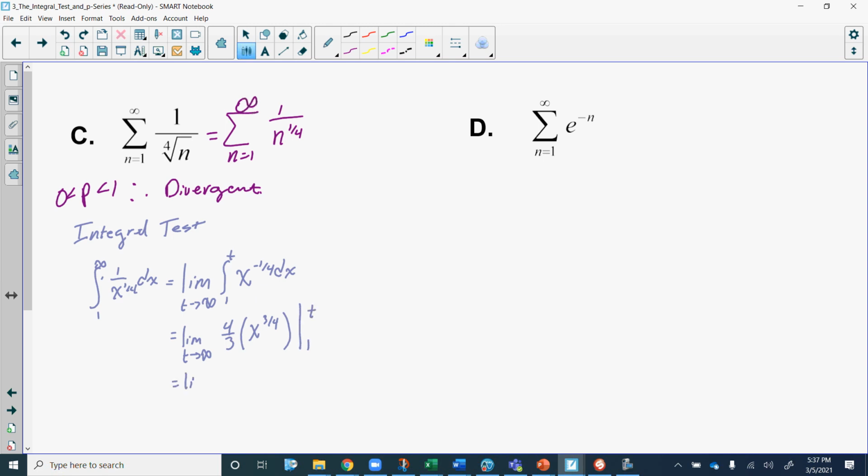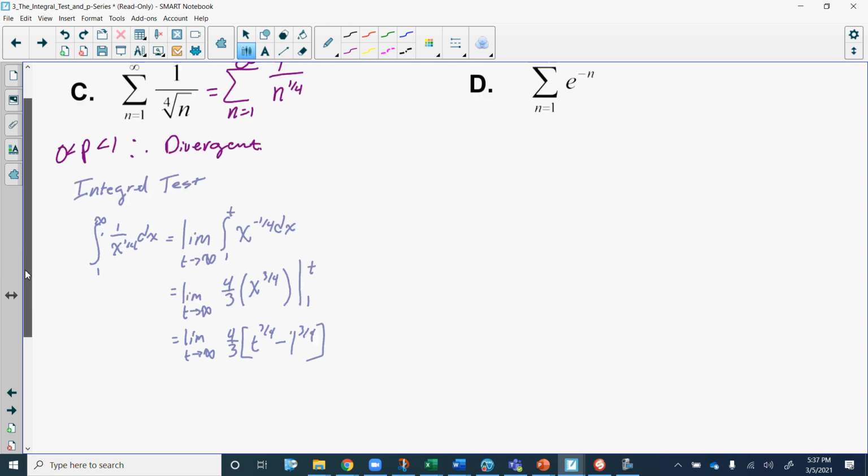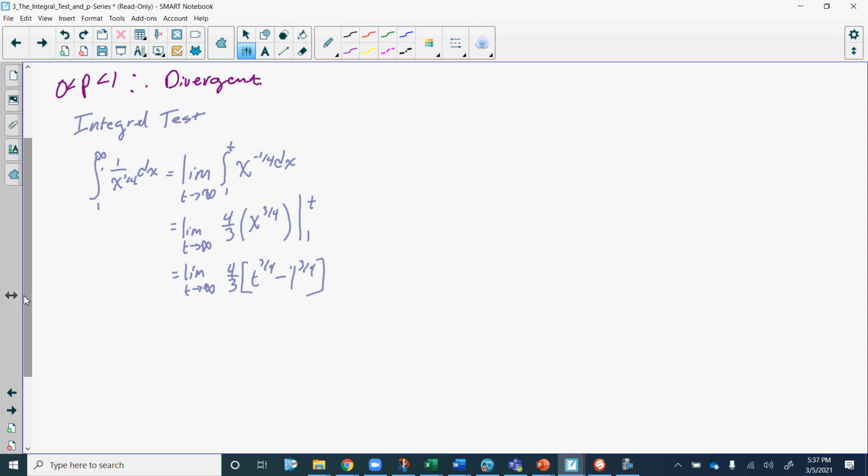So the limit as t approaches infinity, here 4/3 will get multiplied to t to the 3/4 power minus 1 to the 3/4 power. And this is where we do our substitution for infinity. Here, the 1 is insignificant, because when I substitute t to the 3/4 power times 4/3, all of that is going to go towards infinity.